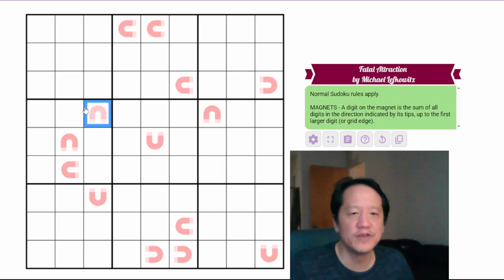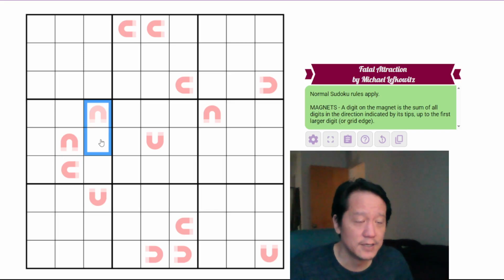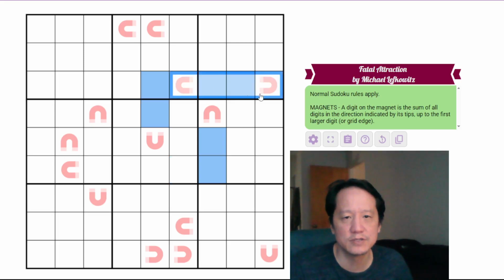Okay, so we've done magnets before. One thing is, a magnet cannot be just the single digit that's next to it, because then that would have 2 digits which are the exact same size. It should be the sum of at least 2 digits, which means in the direction that the magnet points, the next 2 digits are guaranteed to be smaller than the magnet.